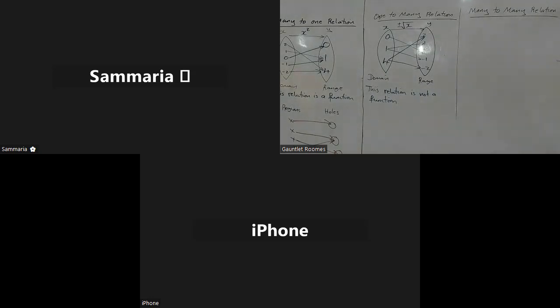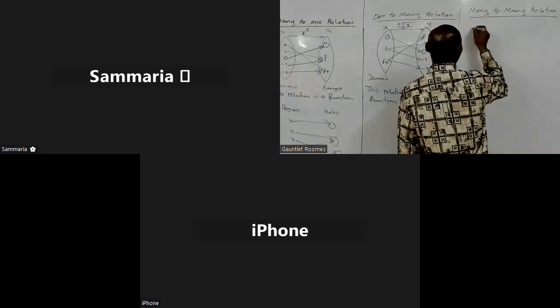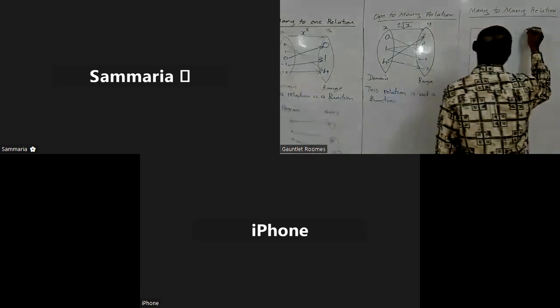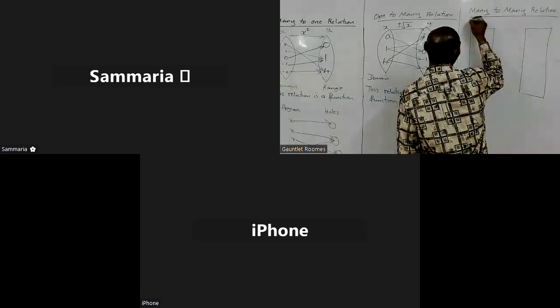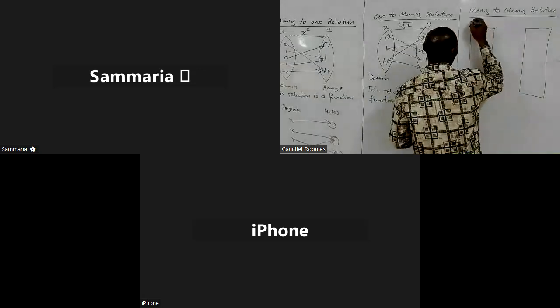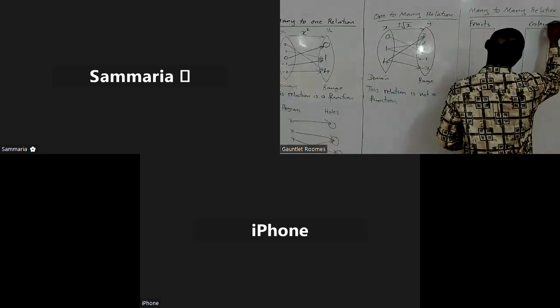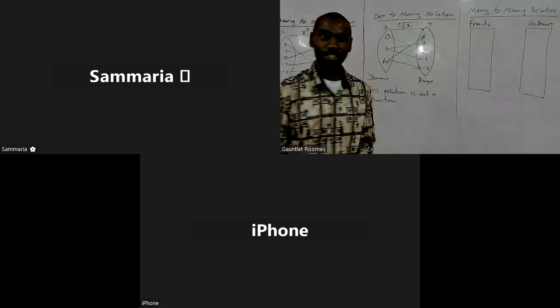All right. So with a many to many relation, let me draw it very rectangular. So over here we're gonna have fruits, and over here we're gonna have colors. Fruit, colors.